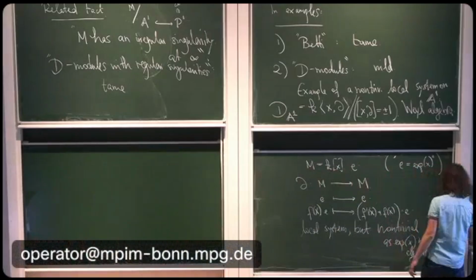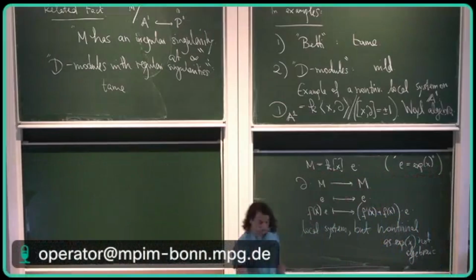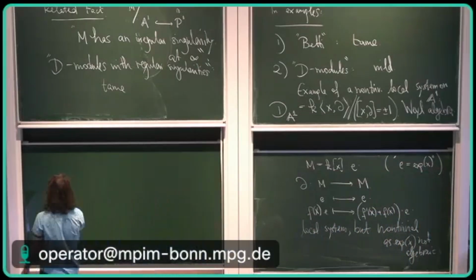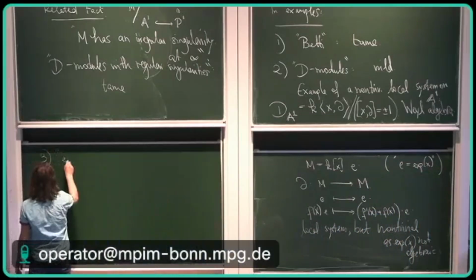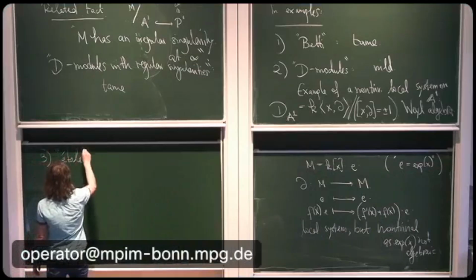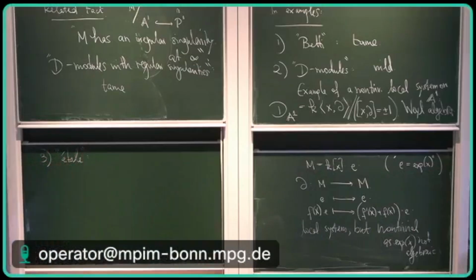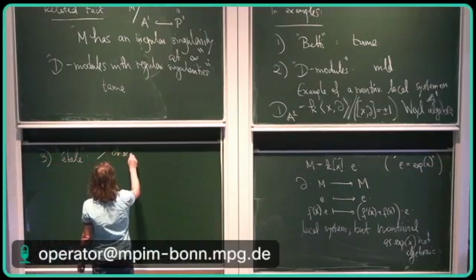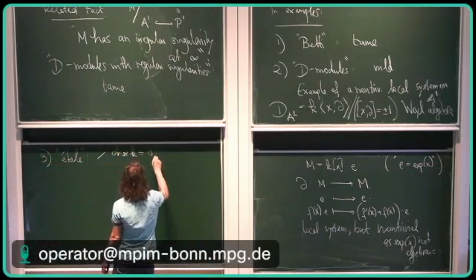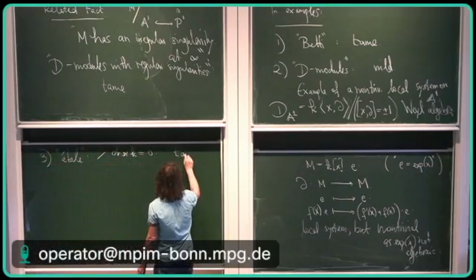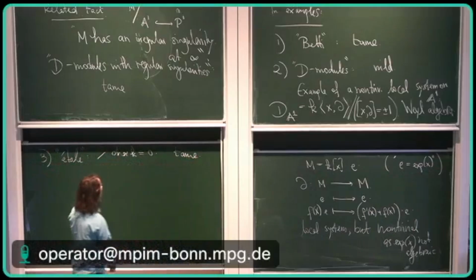And finally, let me also explain what happens in the etale case. Here it depends on the characteristic of K. If the characteristic of my base field is 0, then it's tame. In fact, in this case, the theory of etale sheaves is very, very similar to the Betti setting.